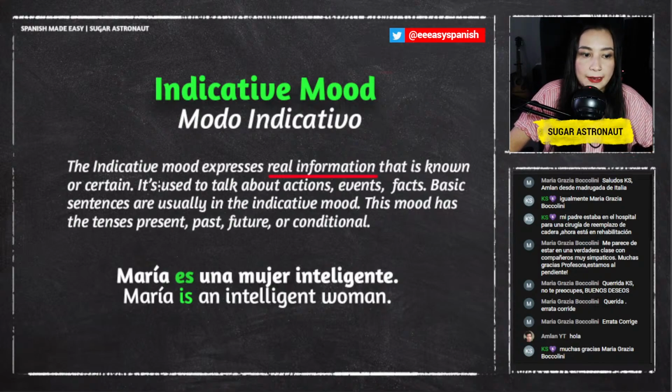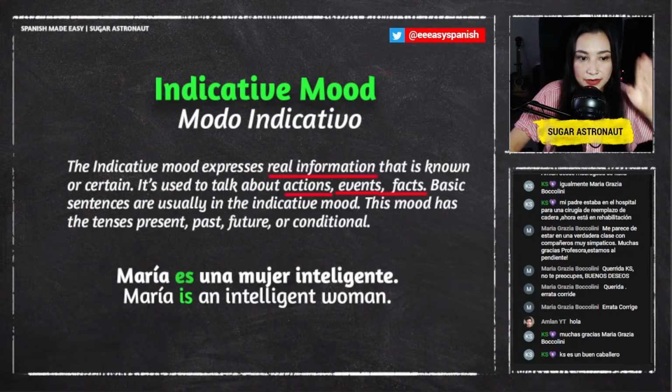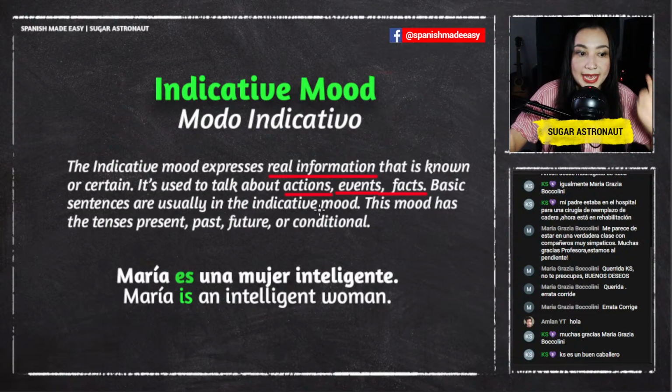So we could be talking about actions, events, facts, everything that can be very straightforward, real information. Basic sentences in Spanish are usually in the indicative mood, okay? That's why when you're learning Spanish, you pretty much learn this mood first before the other moods.